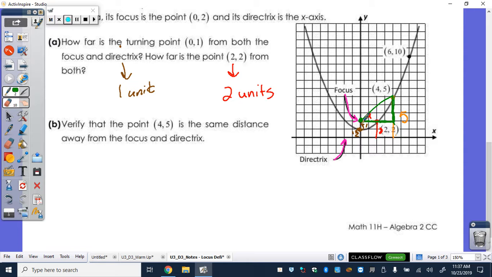The Pythagorean theorem, a squared plus b squared equals c squared. So let's count. This side is 1, 2, 3, 4. And then this side is 1, 2, 3. Anybody remember that triple? 3, 4, 5. So that means this distance is 5. So they're both 5 units away.